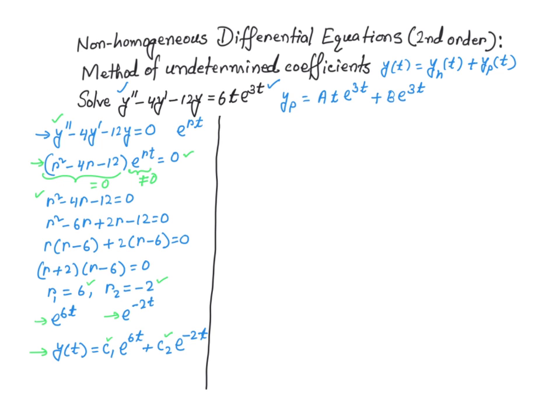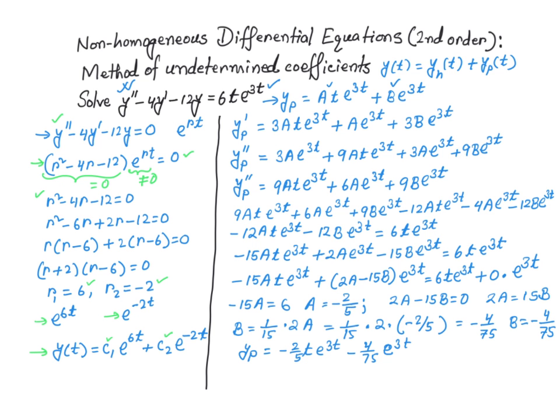Now, this is my assumption that this is going to be a solution of this non-homogeneous differential equation. So, if my assumption is true, I could just plug it into the equation and compare the similar terms on both sides and take the coefficients to find the constants a and b.